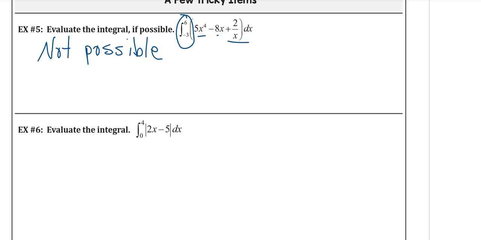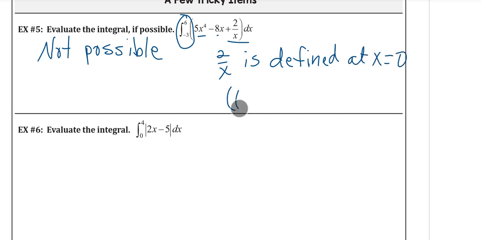But 2 over x is not defined at x equals 0, which is in our interval from 6 to -3. Well, I wrote that backwards, sorry. Is from -3 to 6. 0 is a point in that interval, and it's not defined, so we can't find that. Remember, it has to be a continuous function on the interval.